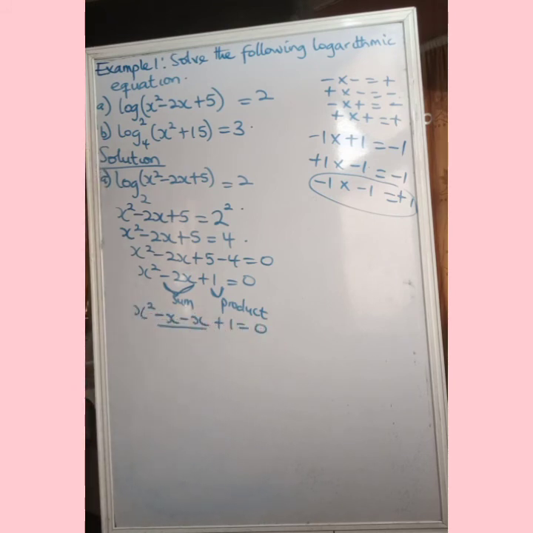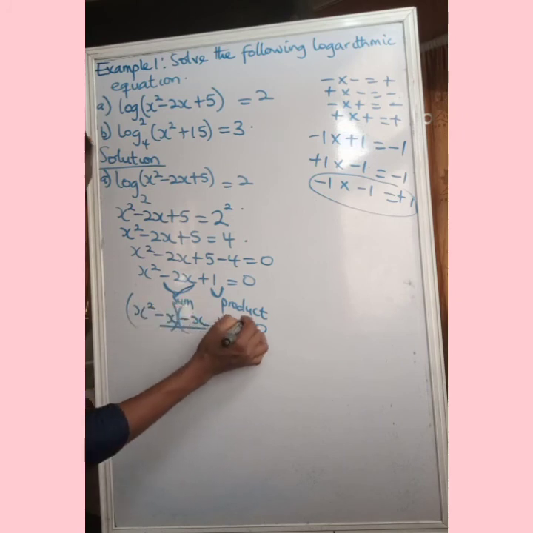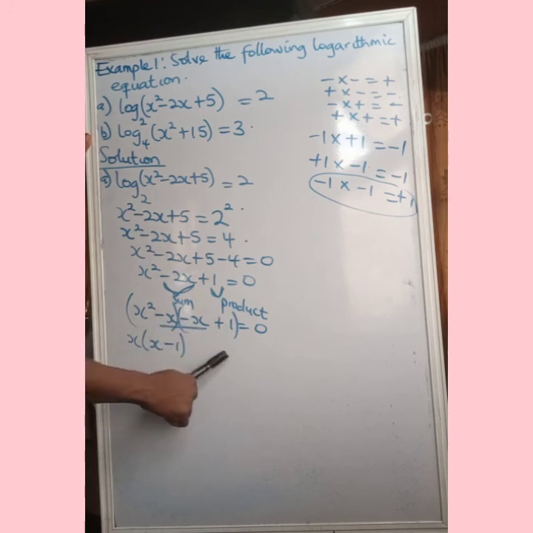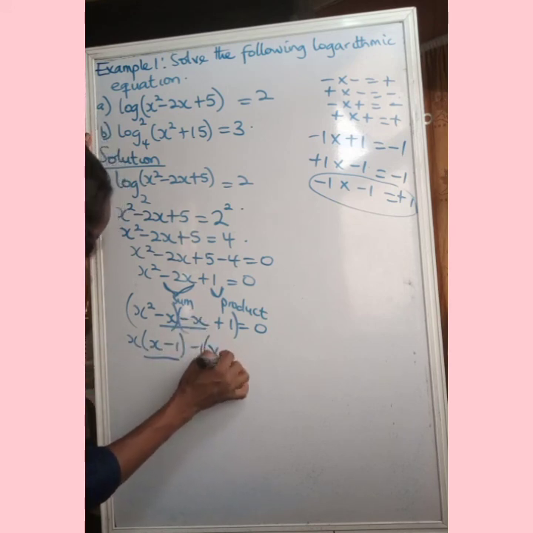These two, we've not changed anything. Minus 1x and minus 1x will give you minus 2x. Then you separate them. So what's common here? X is common. We have x minus 1. What is common here? Whatever you get in the second bracket must be the same as what is here. So what is common here? Minus is common. Minus 1. When you bring out minus 1 here, this one will be left with x.